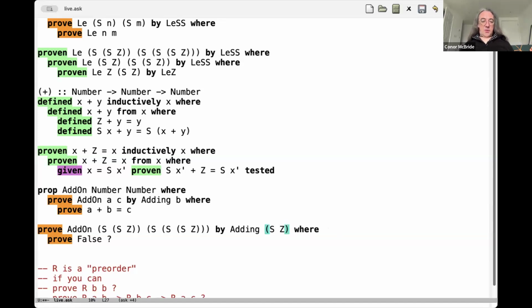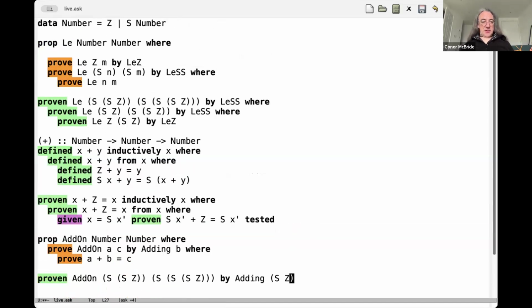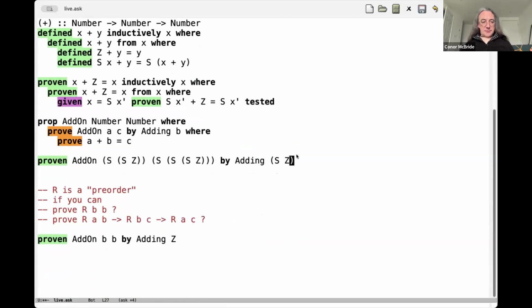So let's put 1 back in the right place and have a nice prover again.